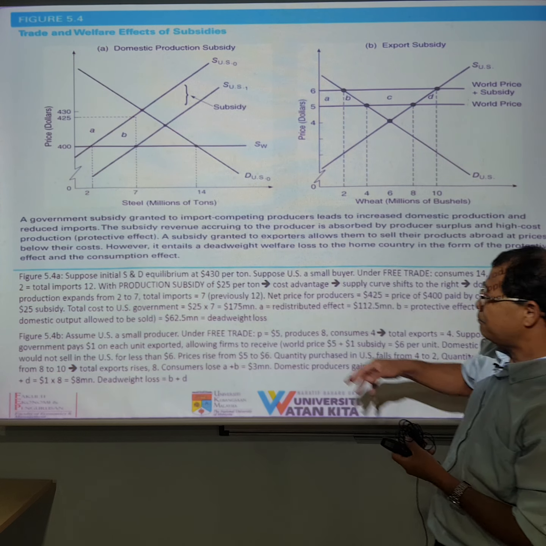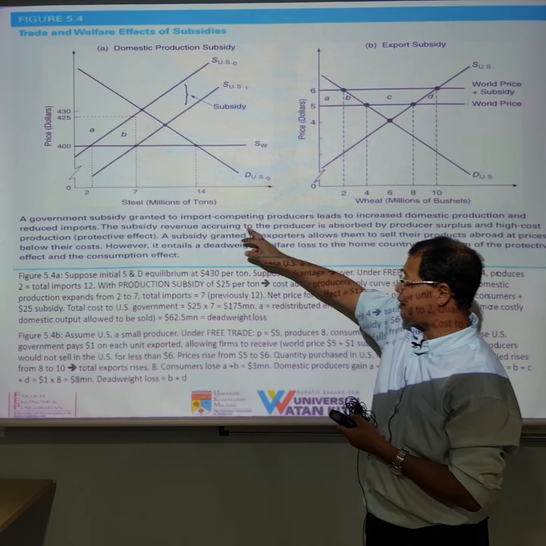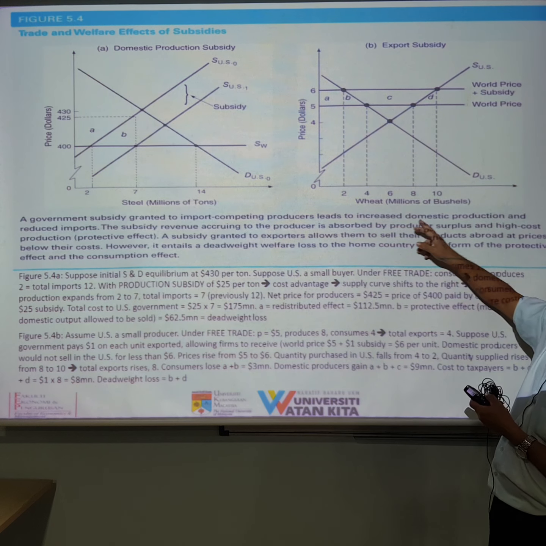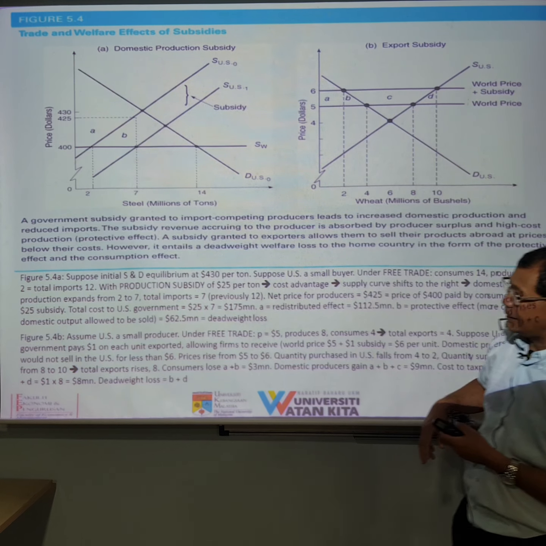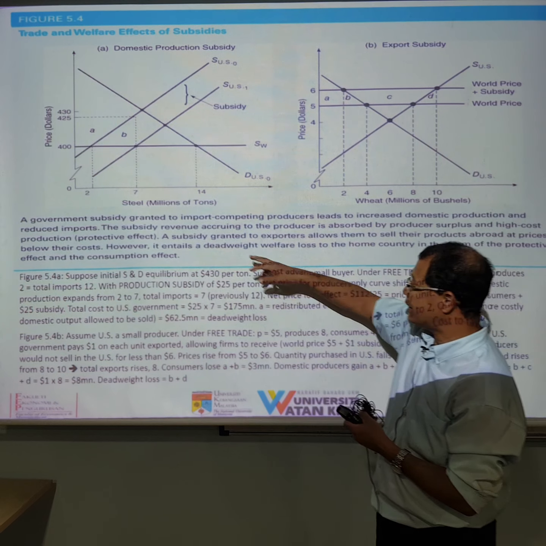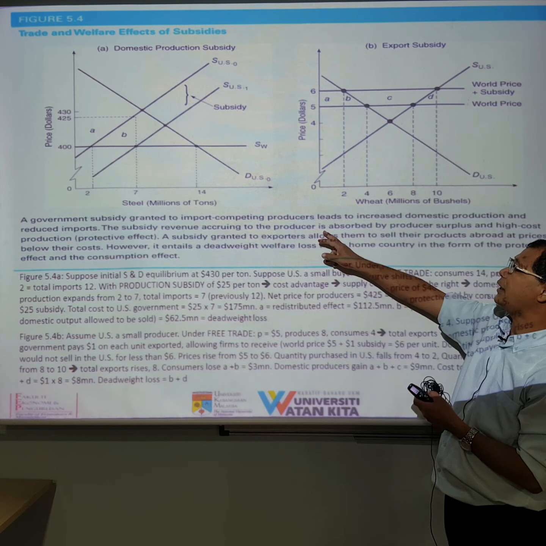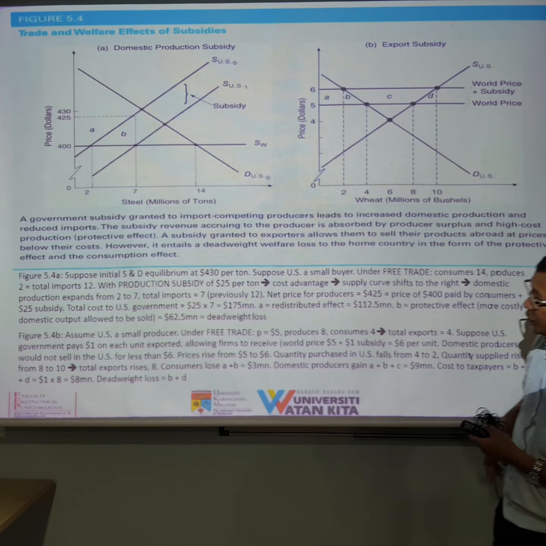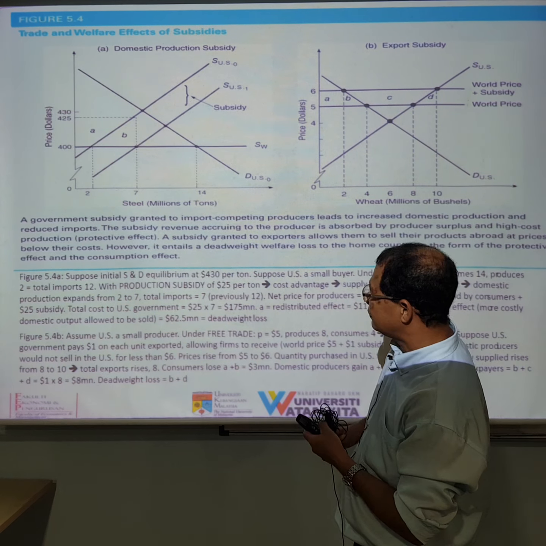So let's read here. A government subsidy granted to import-competing producers, a production subsidy, leads to increased domestic production and reduced imports. The subsidy revenue accruing to the producer is absorbed by producer surplus and high-cost production, the protective effect.